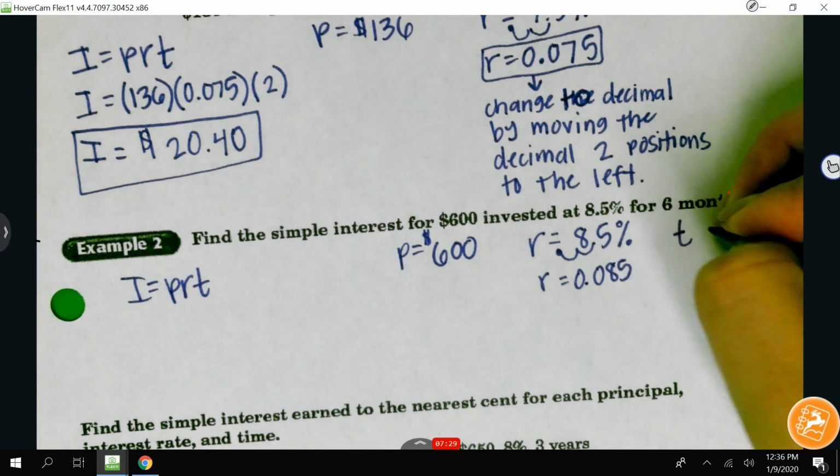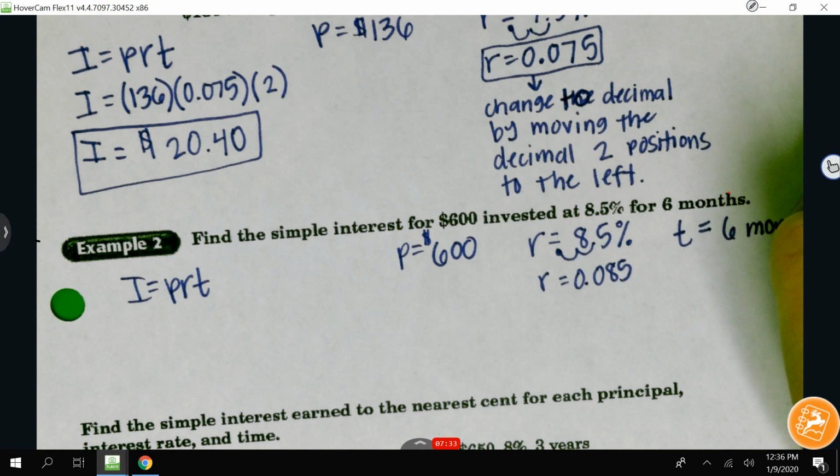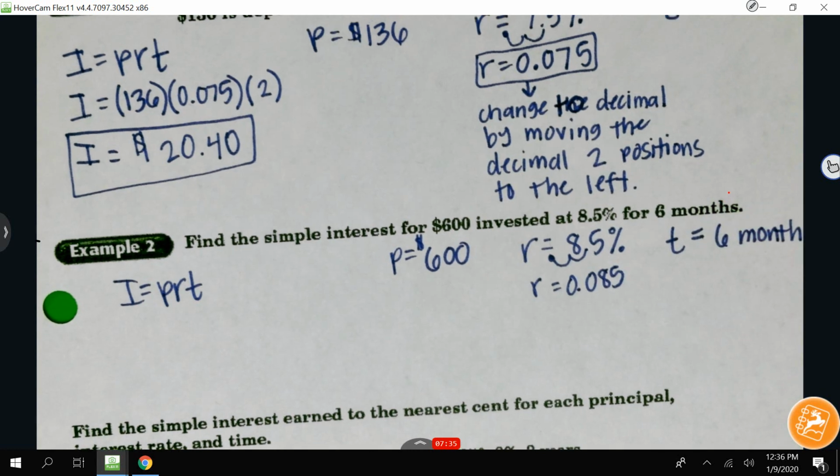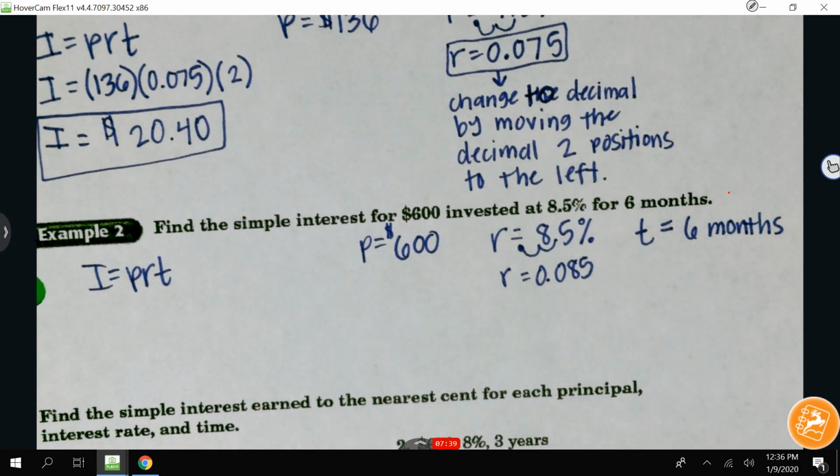And then my T is 6 months. What do we know about time? It has to be in years. So how can you convert that to years? It's half a year. But if it wasn't something I easily knew was half a year, how could you figure it out? Say that said 2 months. How many months are in a year? 12.